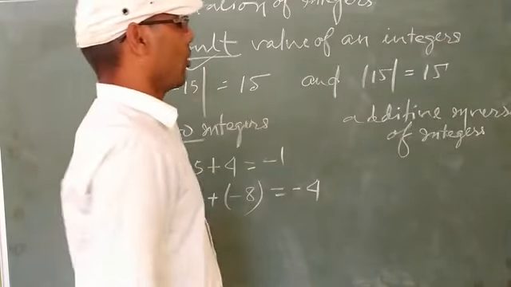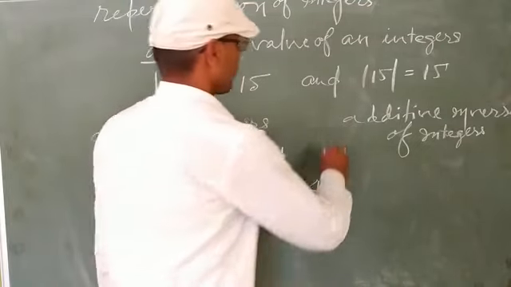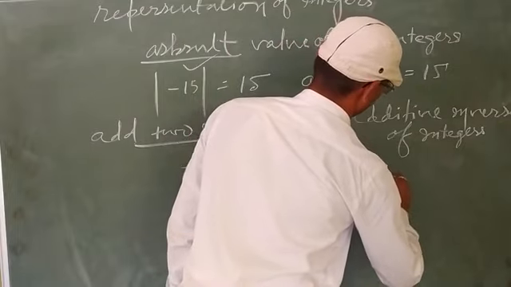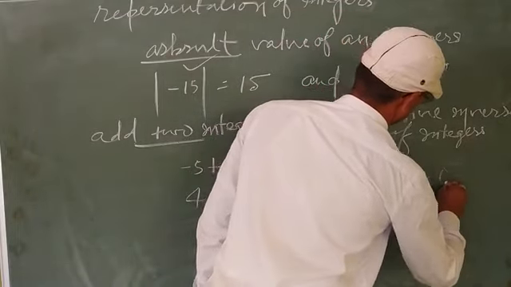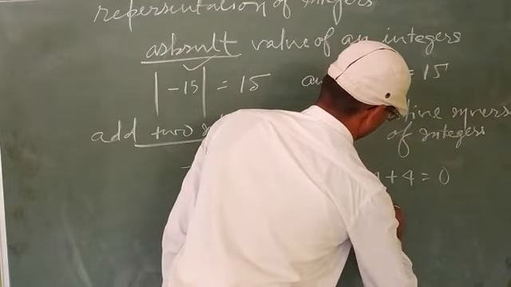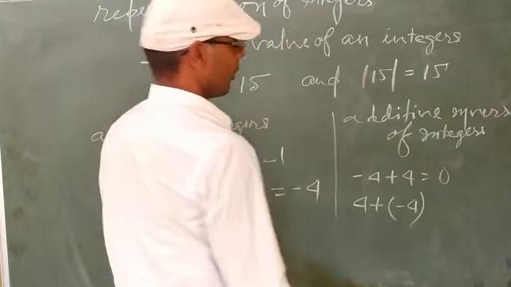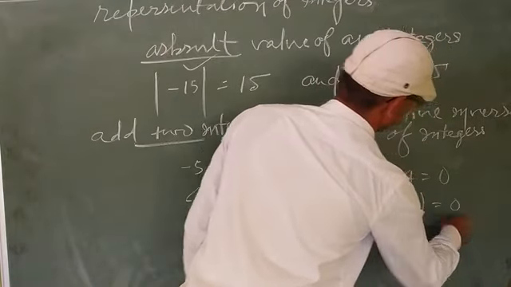Additive inverse of two integers always gives 0. Say how? Suppose -4 plus 4, what will it be? 0. 4 plus -4. Same way, it will give 0.